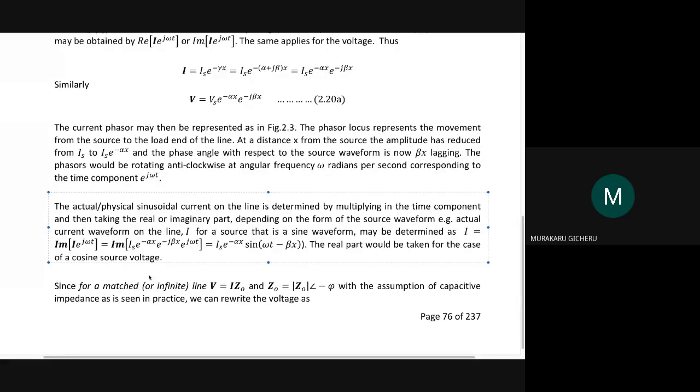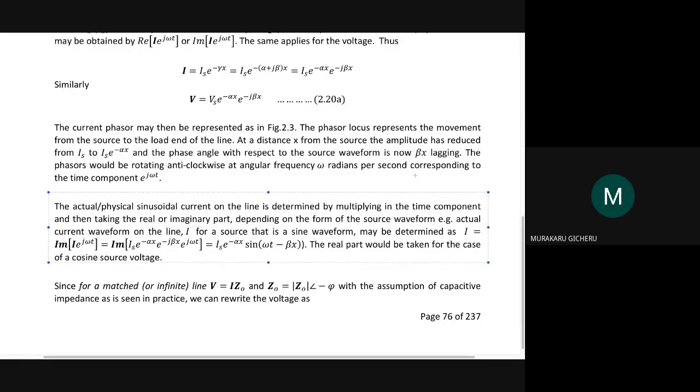The actual sinusoidal current in the line is determined by multiplying the time component and then taking the real or imaginary part depending on the form of the source waveform. So if you have the actual current I, if the source takes a sine waveform, you'll take the imaginary part of I e to the j omega t, where this I is equal to this up here. And if it takes a cosine waveform, you will take the real part of this.